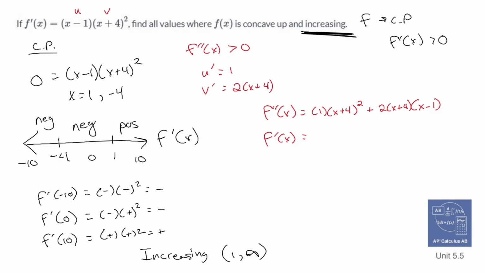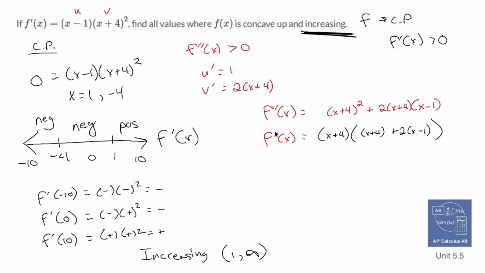Unless I want to do this instead. Watch what I do. This is me thinking outside the box. That 1 is not necessary. I have an x plus 4 in common with both, so let's pull it out. x plus 4. That leaves me with an x plus 4 here and a 2 times x minus 1.